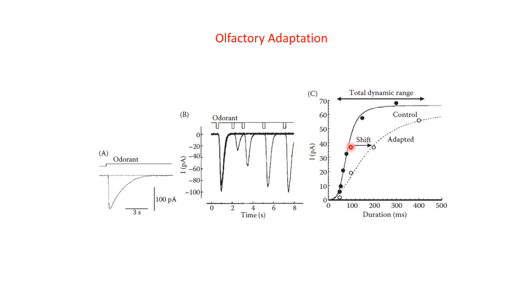If the olfactory receptor neuron adapts, then there is this shift to smaller responses, so that if you look at the overall curve, basically there is this increase of the dynamic range of these cells to the odorants.